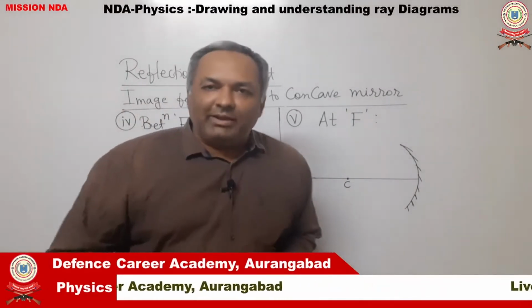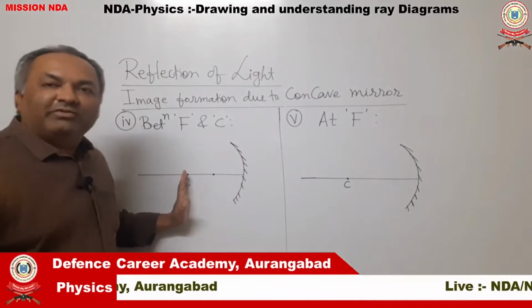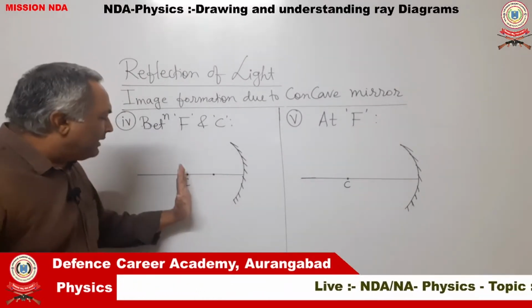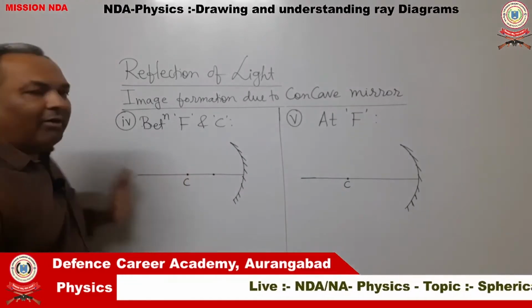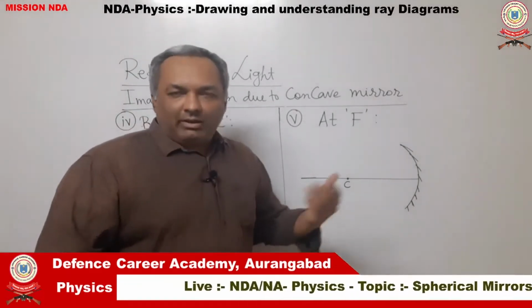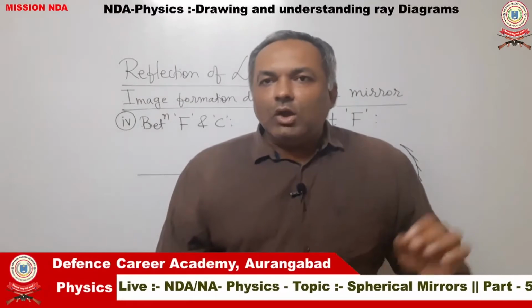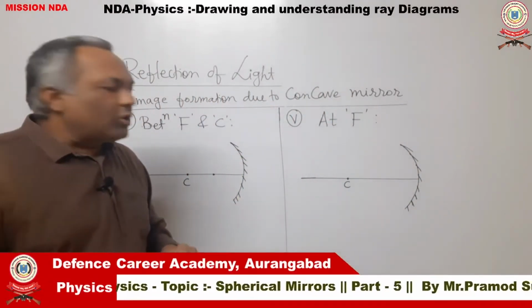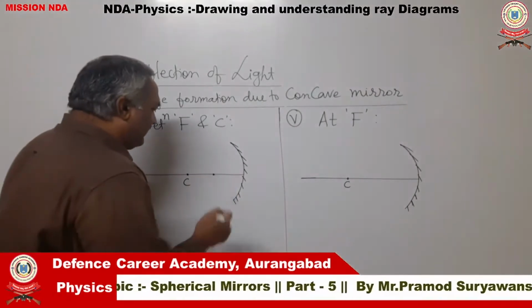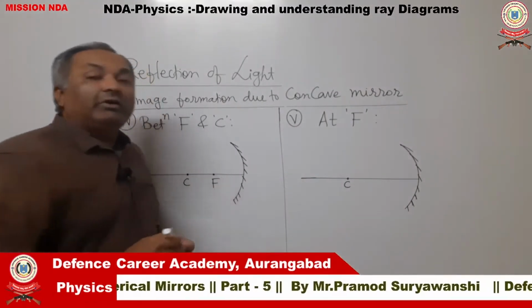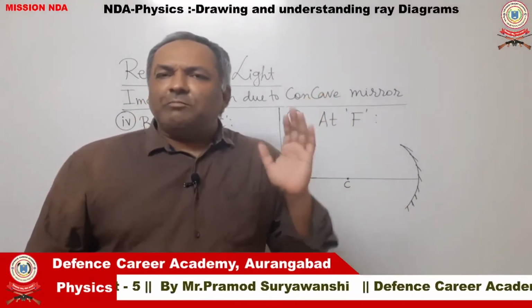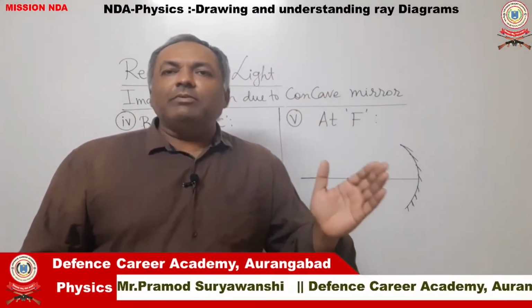What will happen is, first the image, of course it will be real and inverted and of course magnified as well, but it will be moving away from the center of curvature and for that matter away from the concave mirror also. So if you draw the object closer to the focus, the image will be much far away from the mirror.